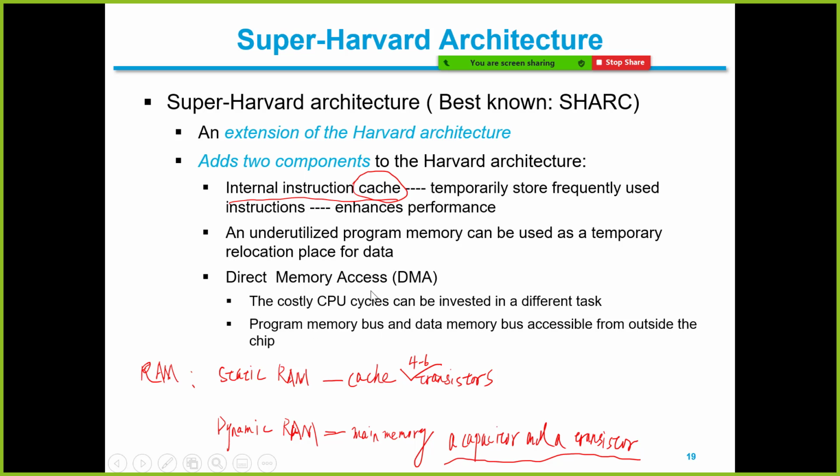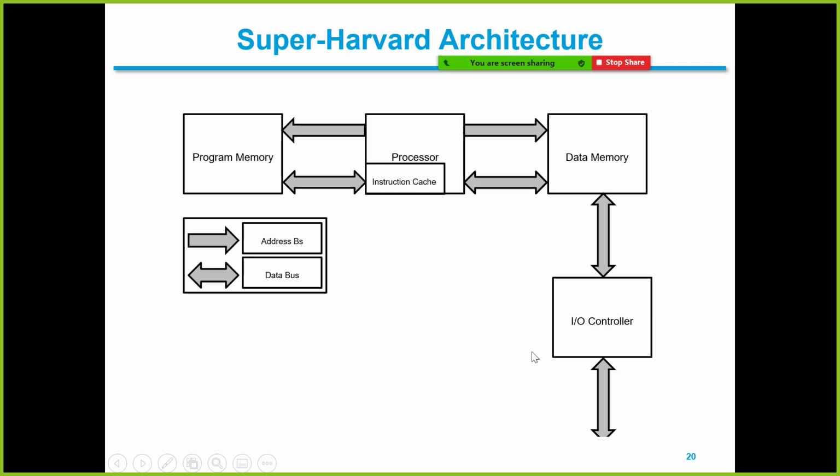So direct memory access, DMA. You can see here the difference is that it has one component within the processor, the instruction cache, and also another component, the I/O controller.